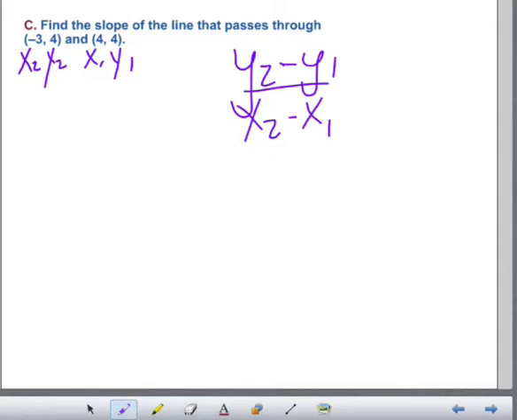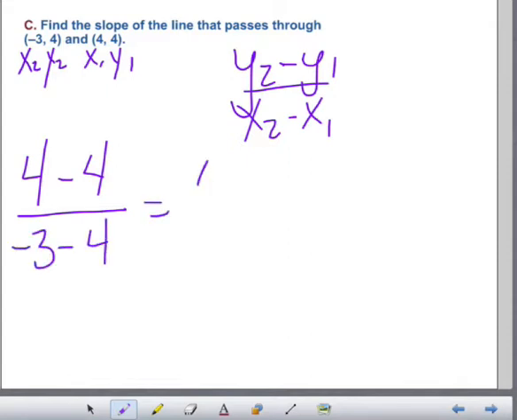All right, but y2, so I have 4 minus 4 over negative 3 minus 4. So I have 0 over negative 7. But what does 0 over negative 7 really equal? 0. So that line has a slope of 0. Okay? And again, just stay with me. I promise all this slope stuff will make more sense to you later.